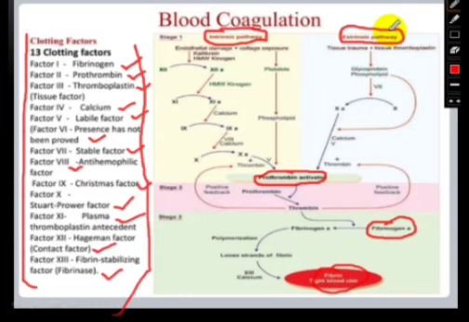I said there are 2 main pathways of blood coagulation. Number 1, the intrinsic pathway, and number 2 is the extrinsic pathway. So let's take the first pathway, the intrinsic pathway.